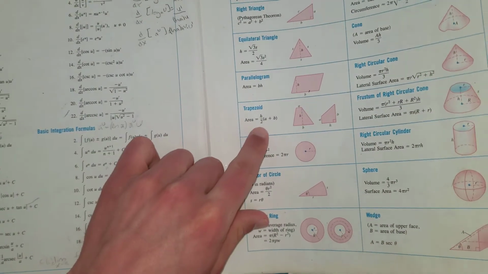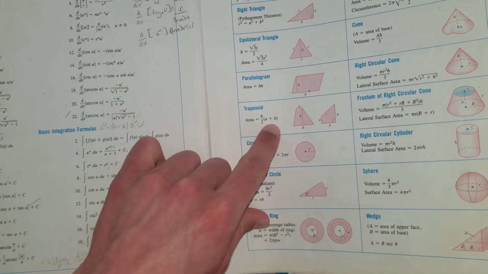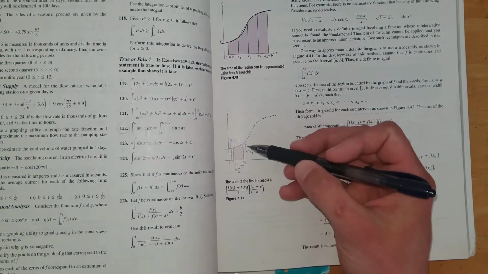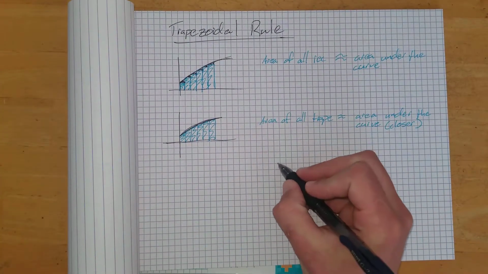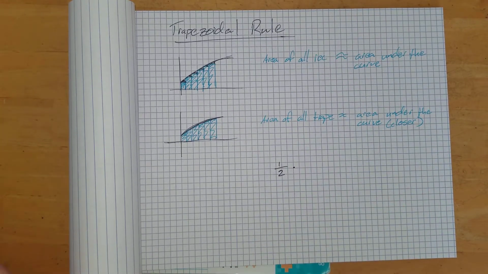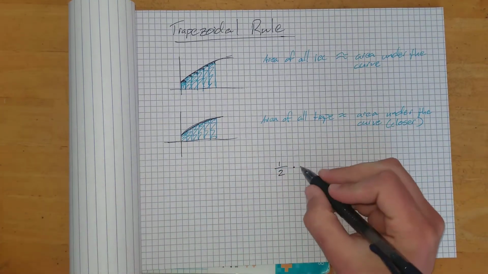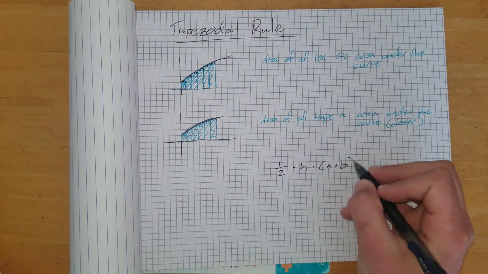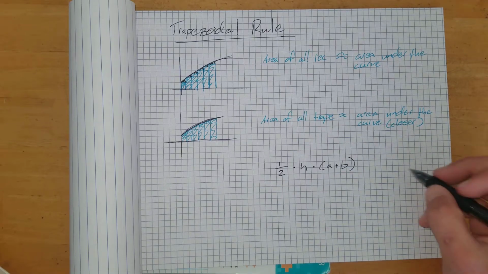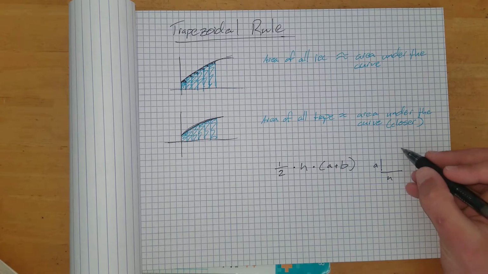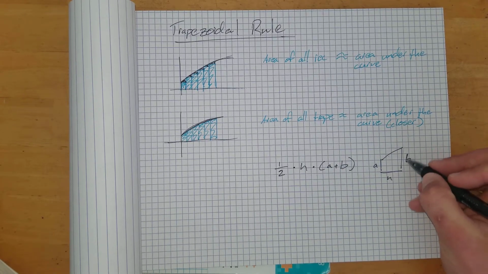So instead of, they have the divided by 2 under the sides. So really, the area of a trapezoid is going to be 1/2 times h times a plus b, for something like a, h, and b.